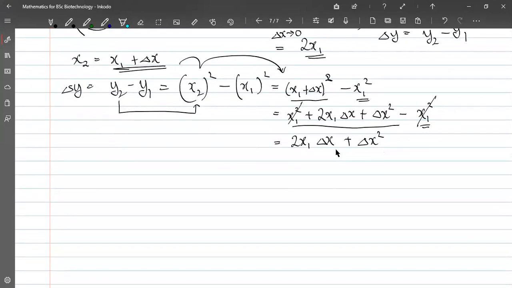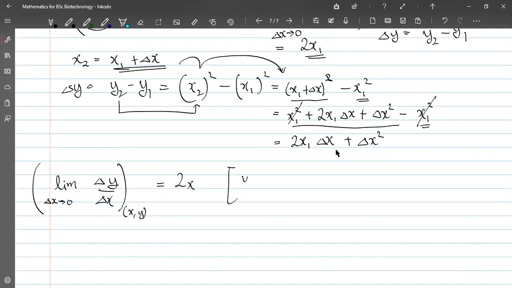So in general, we can say the limit as delta x approaches 0 of delta y by delta x at the point xy is 2x, where y is x square.